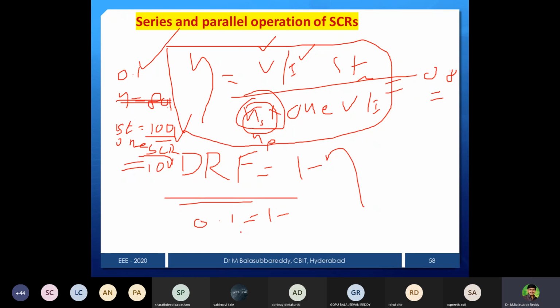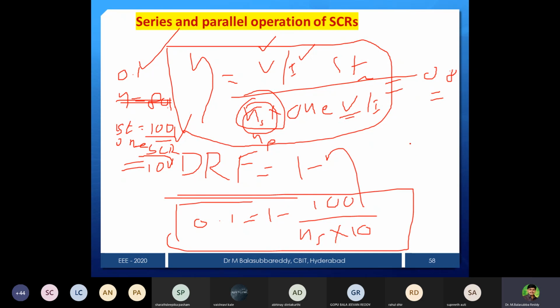So with the derating factor equal to 1 minus string efficiency, the whole string voltage is 100 divided by, you don't know how many SCRs are in series, times 1 SCR voltage rating of 10. If I solve this, I get the number of SCRs in series.